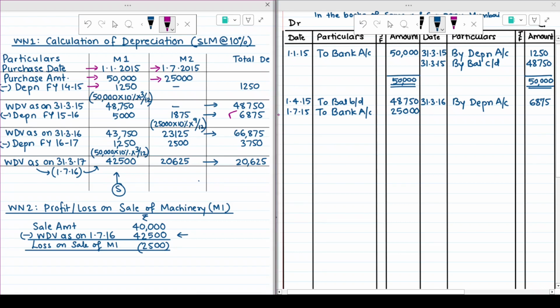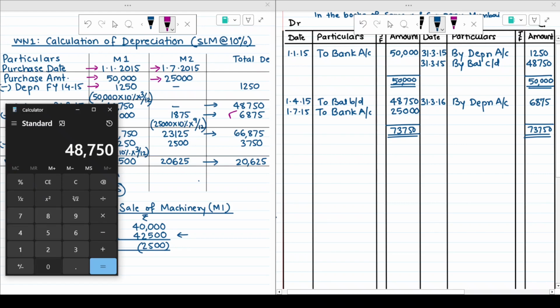There are no other entries. We can close the books. 48,750 plus 25,000 minus 6875. The balancing figure is 66,875.